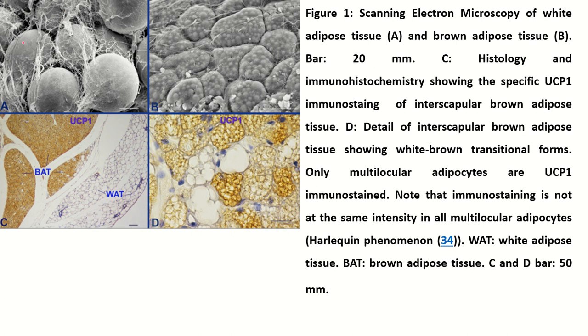This is the electron microscopic picture of the white adipocyte. This is the electron microscopic picture of the brown adipocyte. See the multiple fat droplets. And picture C is showing the immunohistochemistry, where the tissue is stained by a specific UCP1 immunostain to see the presence of the UCP1 gene. So you see this is the brown fat.